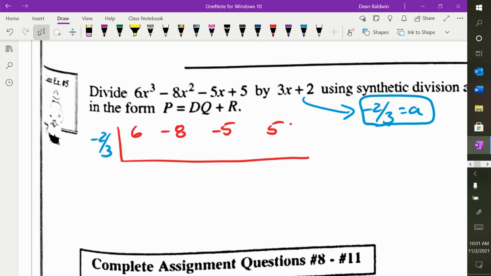All right. What do I do? Drop the 6. Boom. Now, 6 times -2/3. All you have to do is go 6 times 2.